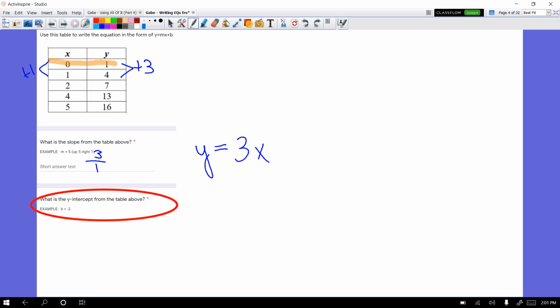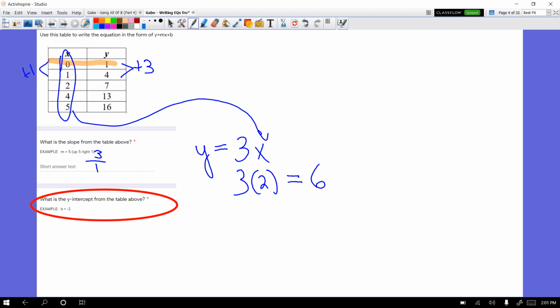But the thing that we're really emphasizing today, and the thing that you seem to be struggling with, is whenever you substitute any of these x values in right here, like I'm going to pick 2, okay? 3 times 2, that's 6. But whenever I substituted 2 in, it should have been 7. I got 6. So how do I go from 6 to 7? Plus 1.